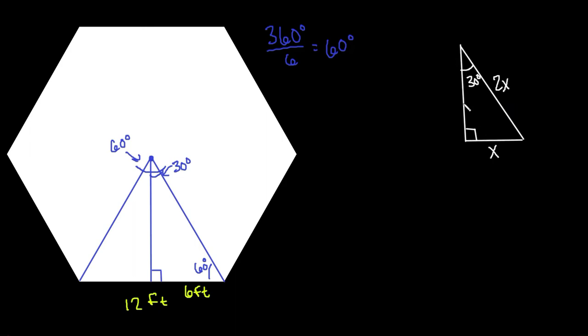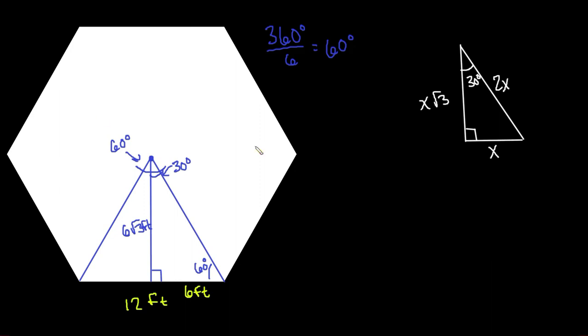And then the middle side is going to be x times the square root of 3. So then, if we know that, then we know that our apothem is going to be 6 times root 3 feet, just by following this rule right here.